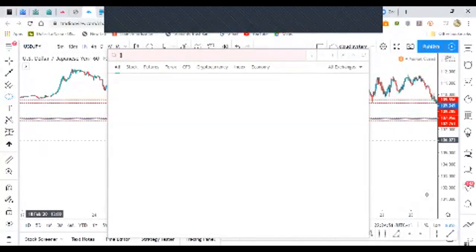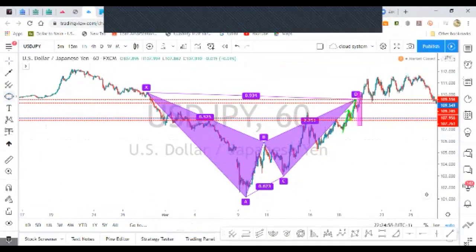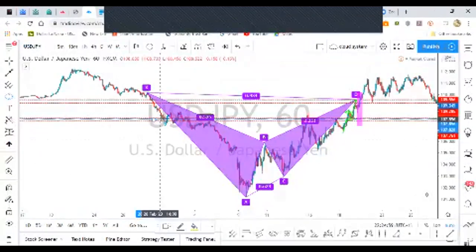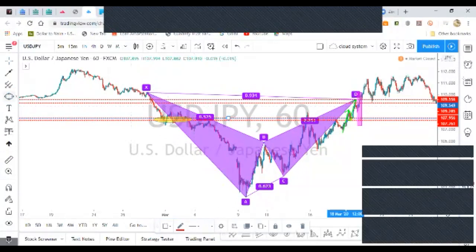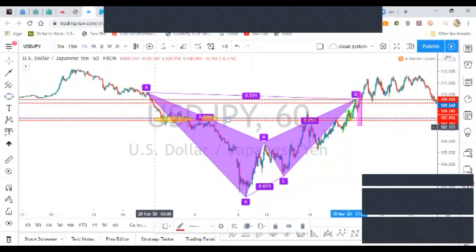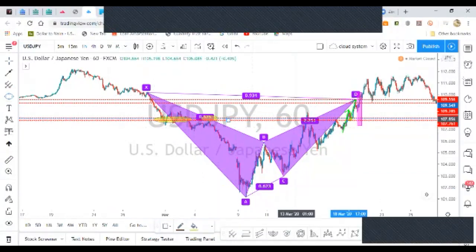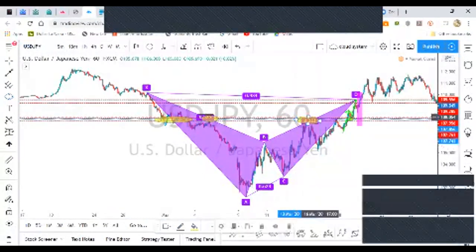Okay, so what I'm looking for is where price came to in the past and it turned back. So would you agree with me that this is a zone? Would you agree also with me that this is another zone? Would you agree with me that this is another zone?